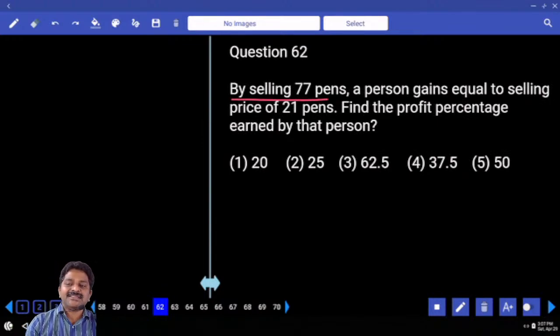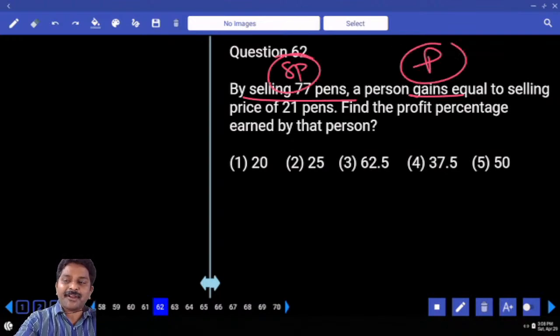By selling 77 pens, a person gains equal to the selling price of 21 pens. Okay, here also by selling, what price is involved? Selling price. Gains, profit. Selling price and profit, what is the relation?